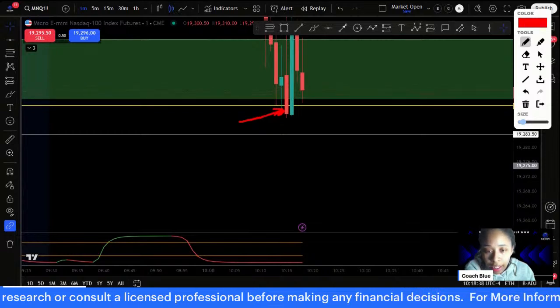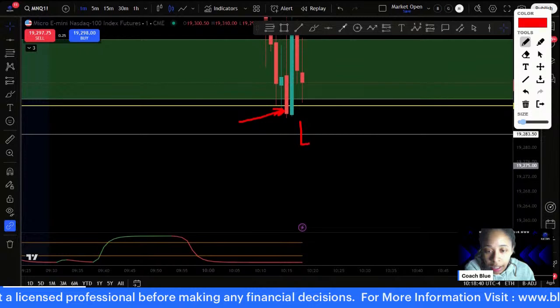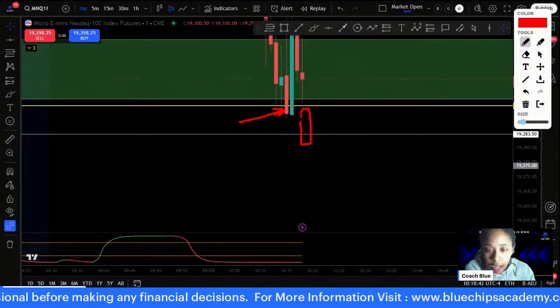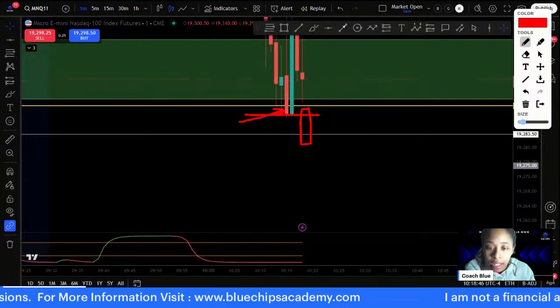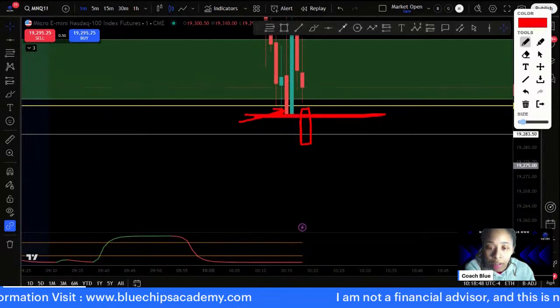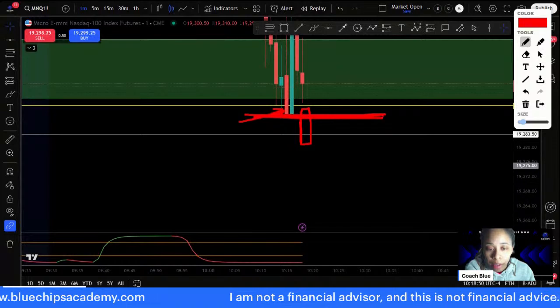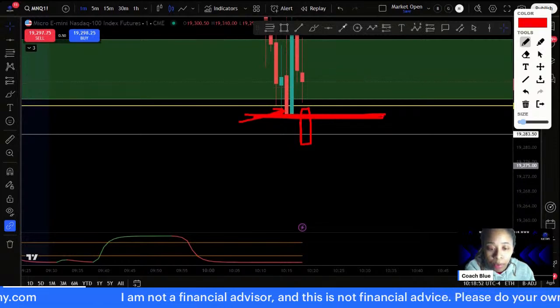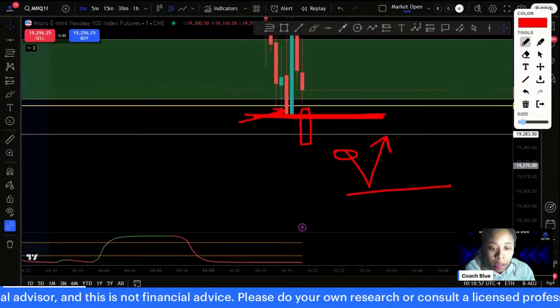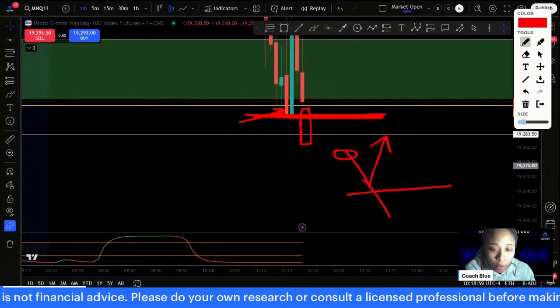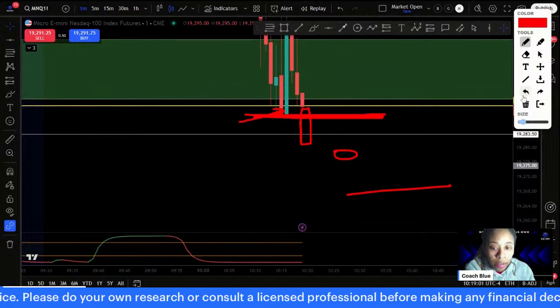If we get a red candle that breaks past this area, then I will look for a sale, because now it's telling me this is not a level of support anymore. And with support, that's your floor. If you throw the ball to the floor, price bounces up. But if you don't have the floor anymore, it just continues to break down.